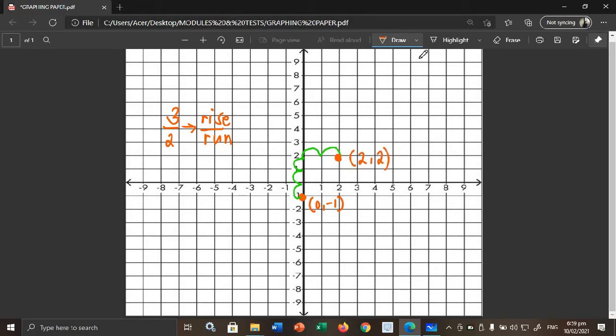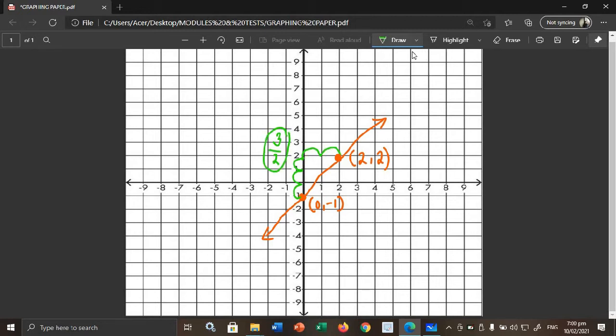So, ayan. Right after natin na makuha yung second point natin, we will be connecting the points para mag-graph natin. Isipin nyo na lang straight line. So, therefore, ayan. That will be the graph of the function. This is your slope.